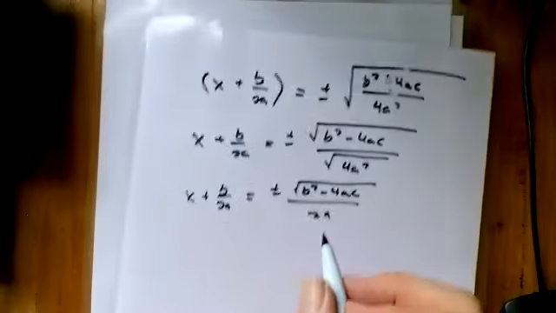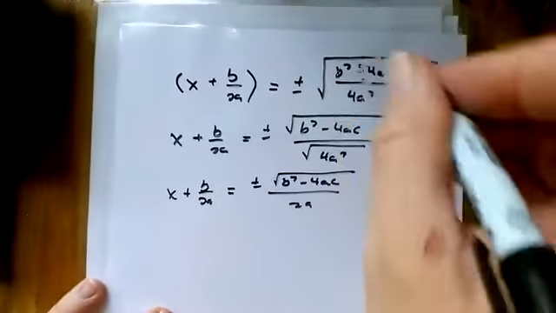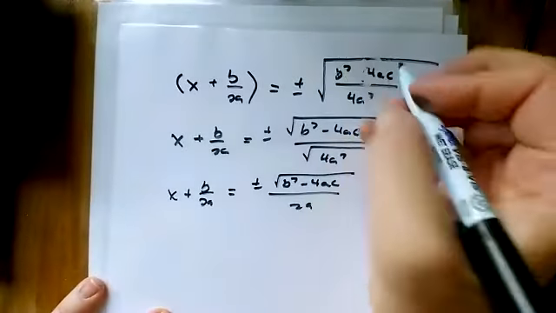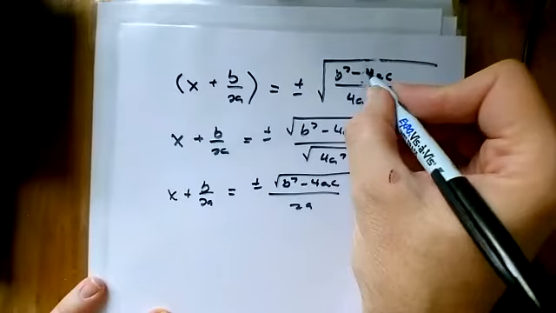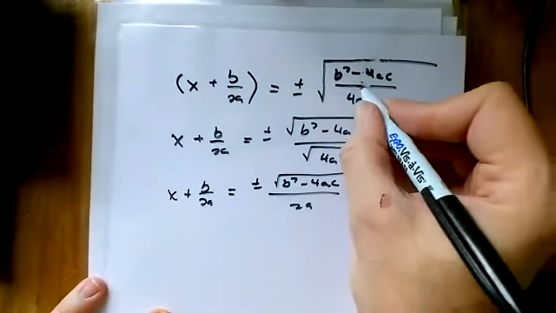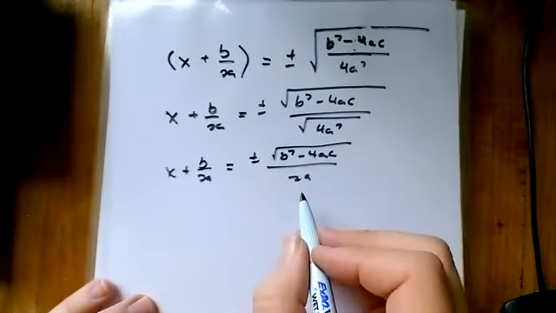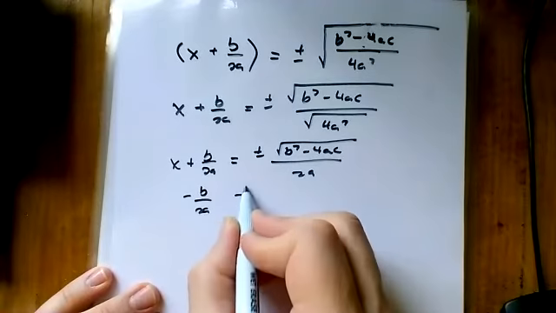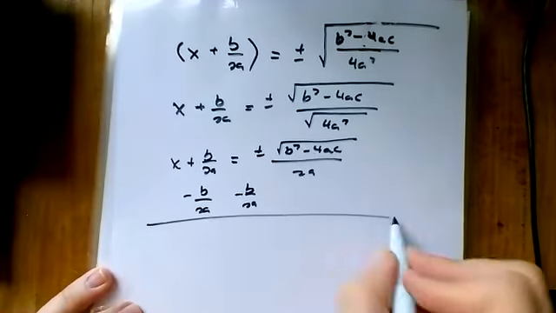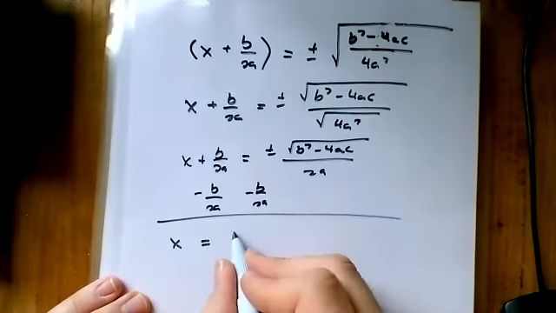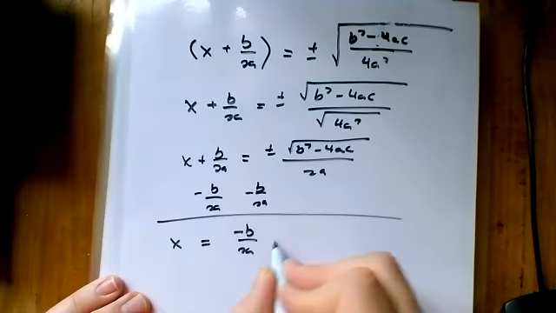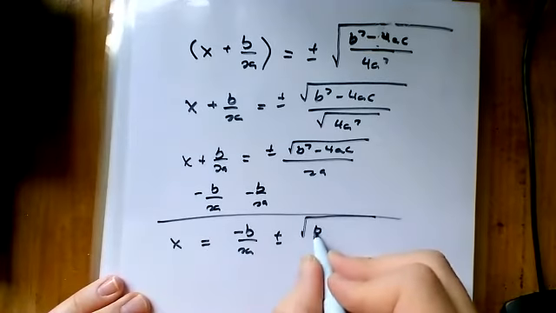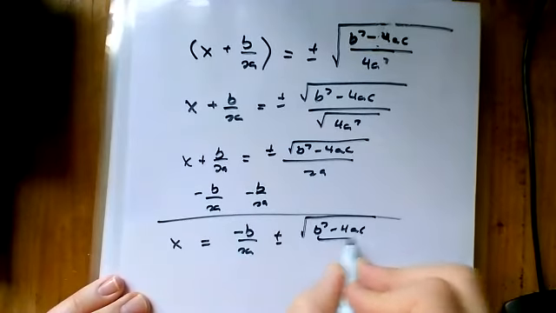And finally, must have had some water on my page here. Finally, I will subtract b over 2a from both sides. So I'll end up with x is equal to negative b over 2a plus or minus this square root of b squared minus 4ac over 2a.